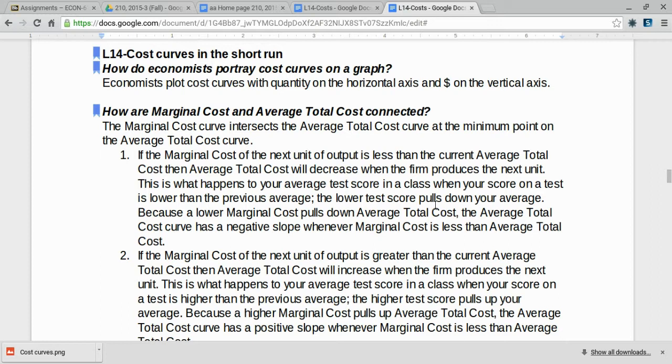The lower test score pulls down your average. Because a lower marginal cost pulls down average total cost, the average total cost curve has a negative slope whenever marginal cost is less than average total cost.